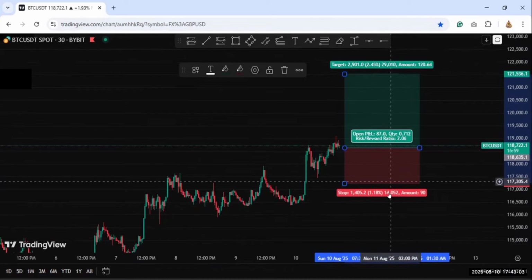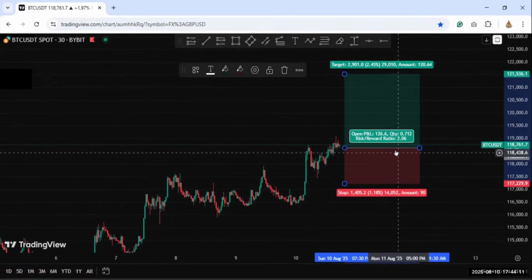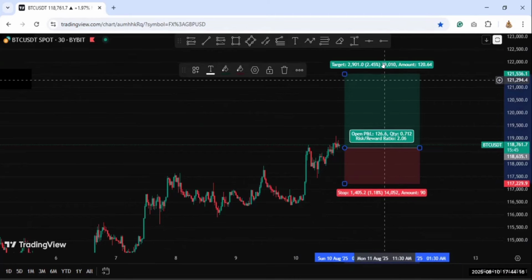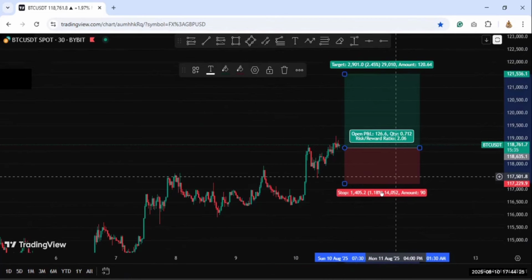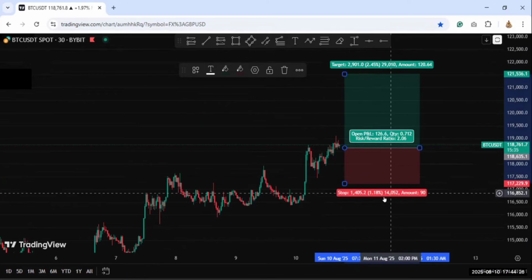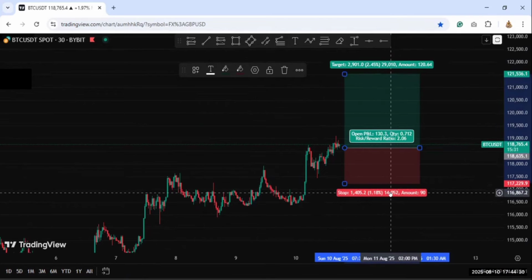And for the stop loss, it will be 14,052 pips instead of 1,405 pips. If the decimal points are important for you, when you use this tool, you can automatically see the pips here. It's just like you are multiplying whatever pips you are getting here by 10. So that is how you can easily get your pips using this tool if the decimal point is significant.